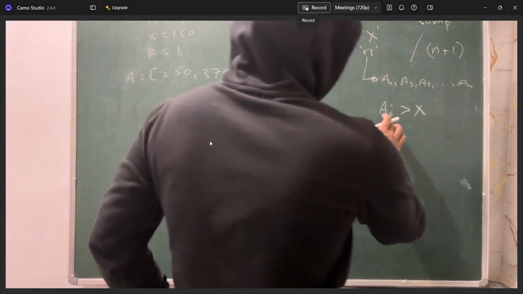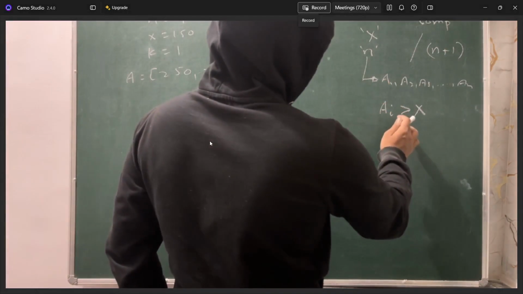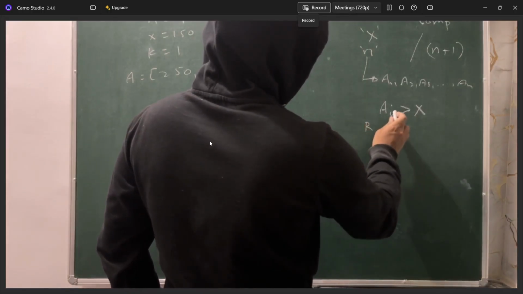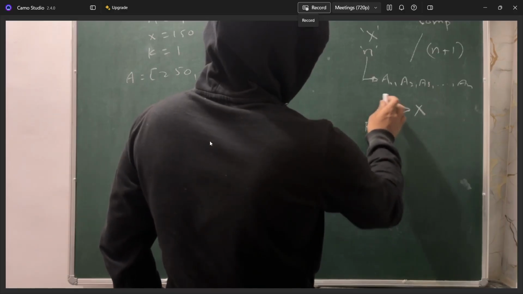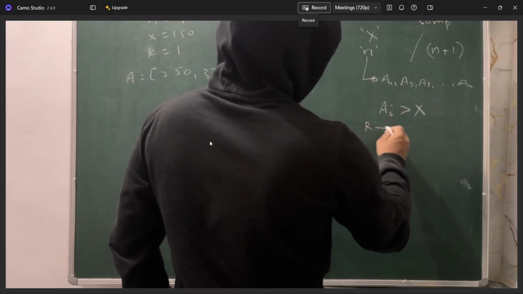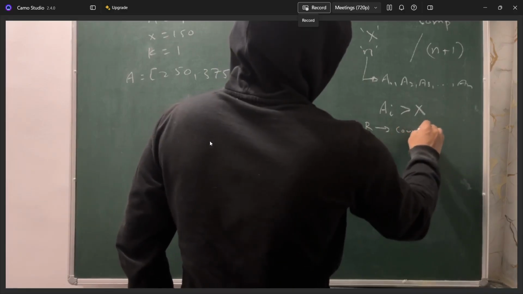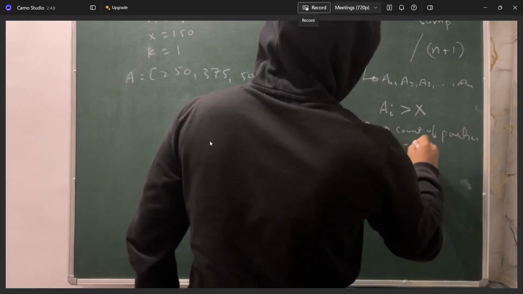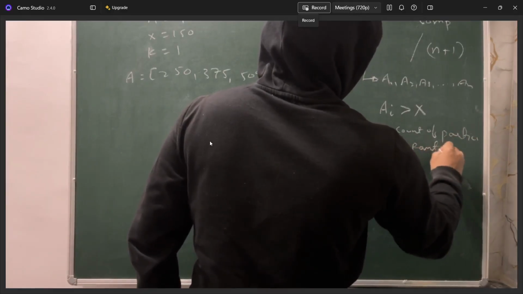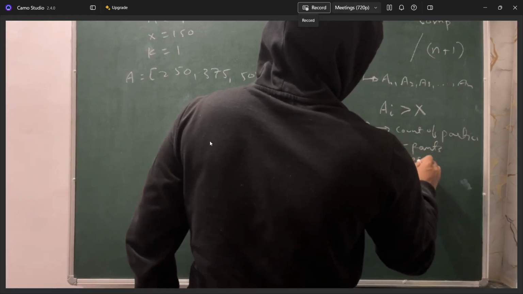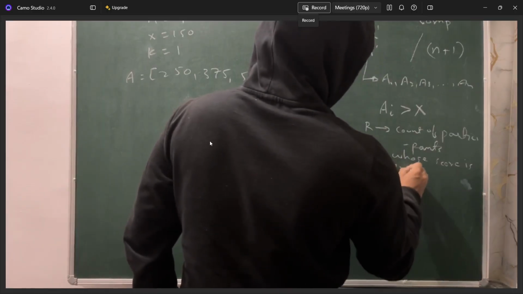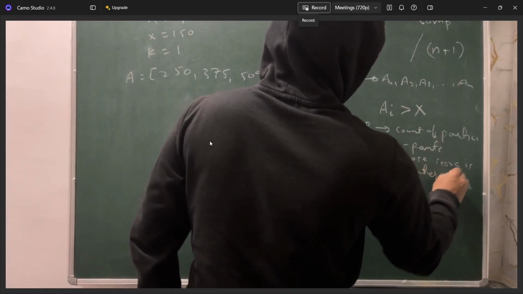So if A of I, the score of any participant, is strictly greater than X, you take one variable R, and in that you will be taking the count of such participants whose score is greater than Chef.